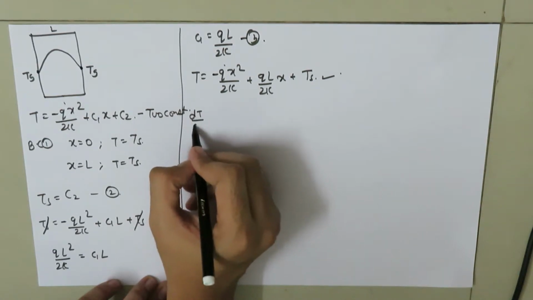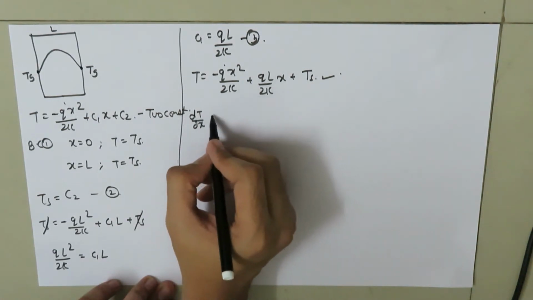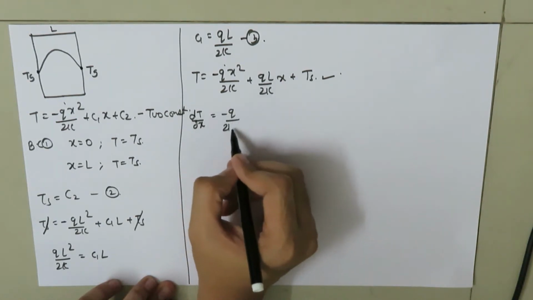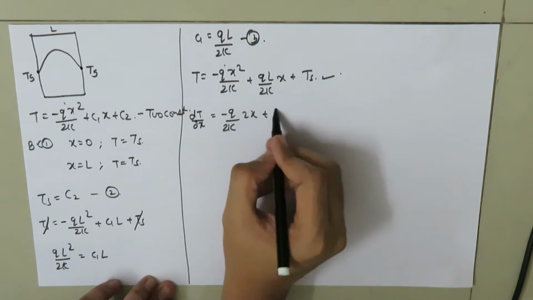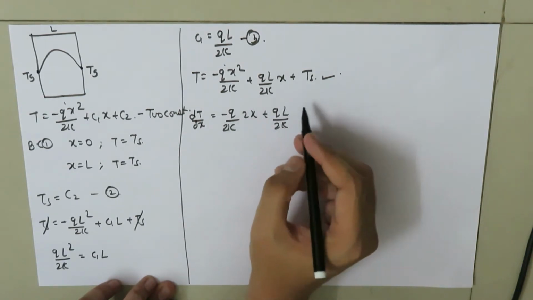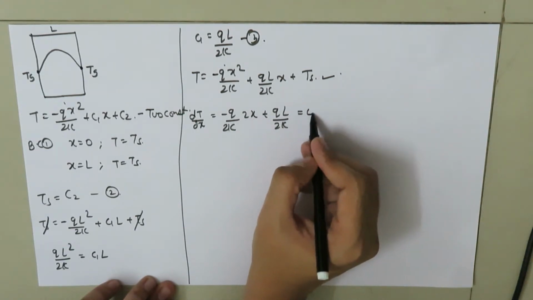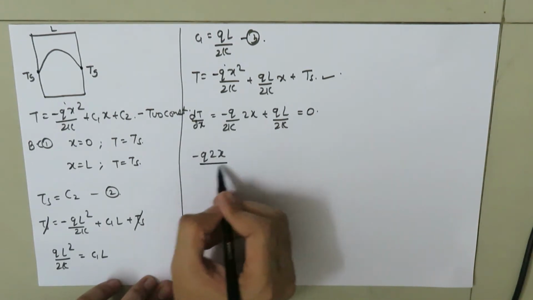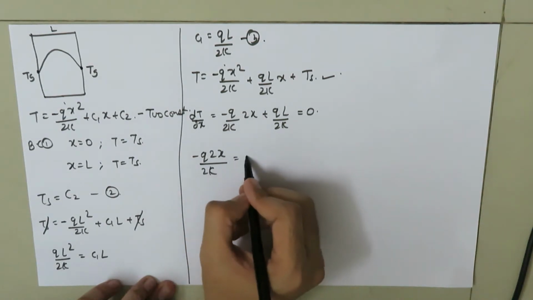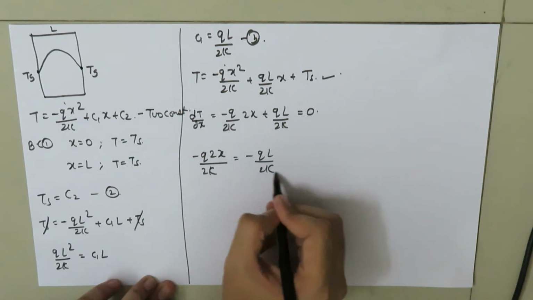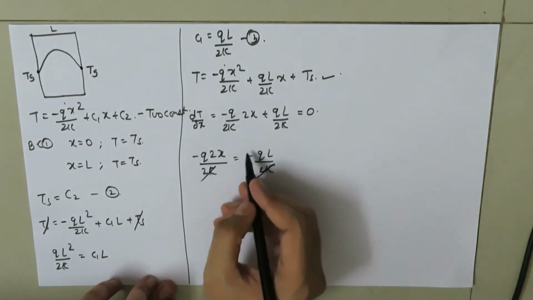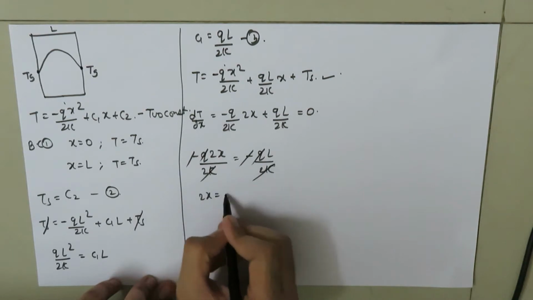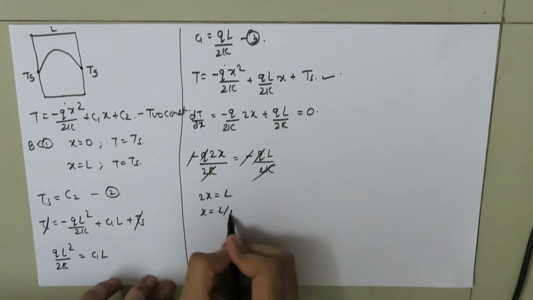So dT/dx is equal to negative q by 2k times 2x plus qL by 2k, which will be equal to 0. So negative q times 2x divided by 2k will be equal to negative qL by 2k. The 2k will get cancelled, the negative will get cancelled, q will get cancelled. So 2x is equal to L, x is equal to L by 2.